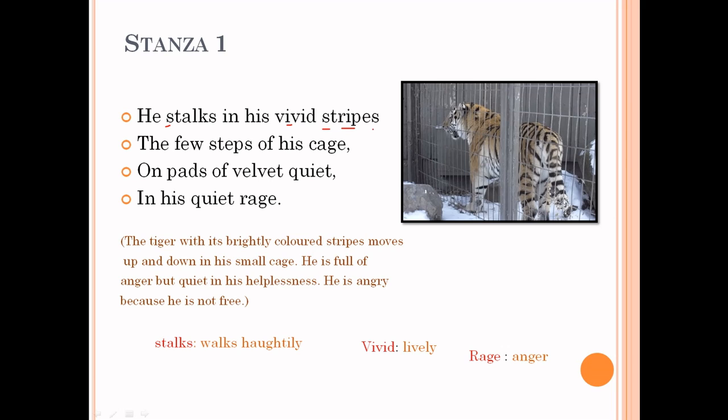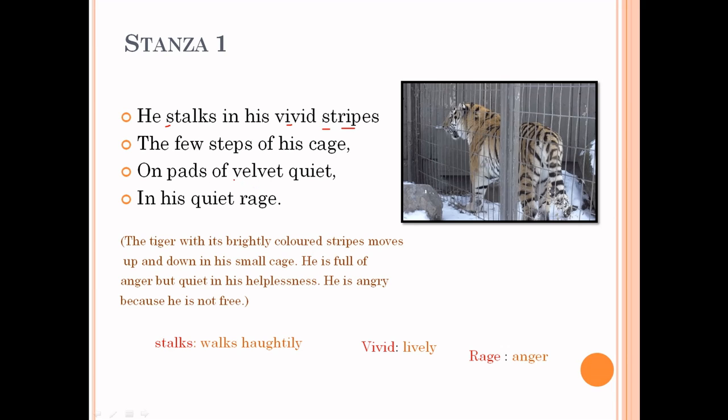And there is the use of enjambment, means when the line continues to the next line without any punctuation marks. So we can see his stalks in his vivid stripes, the few steps of his cage. And there is a use of metaphor.